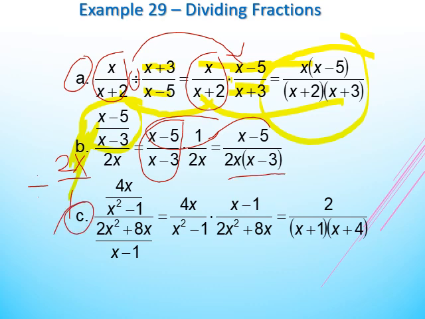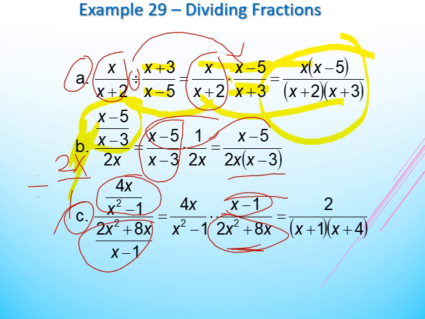Let's move to another one, where we have a fraction in the numerator and a fraction in the denominator. We take the first fraction as it is, and for the second fraction we swap the numerator and denominator, the denominator going to the top and the numerator to the bottom. So 2x squared plus 8x will be in the bottom, and x minus 1 will be on the top.